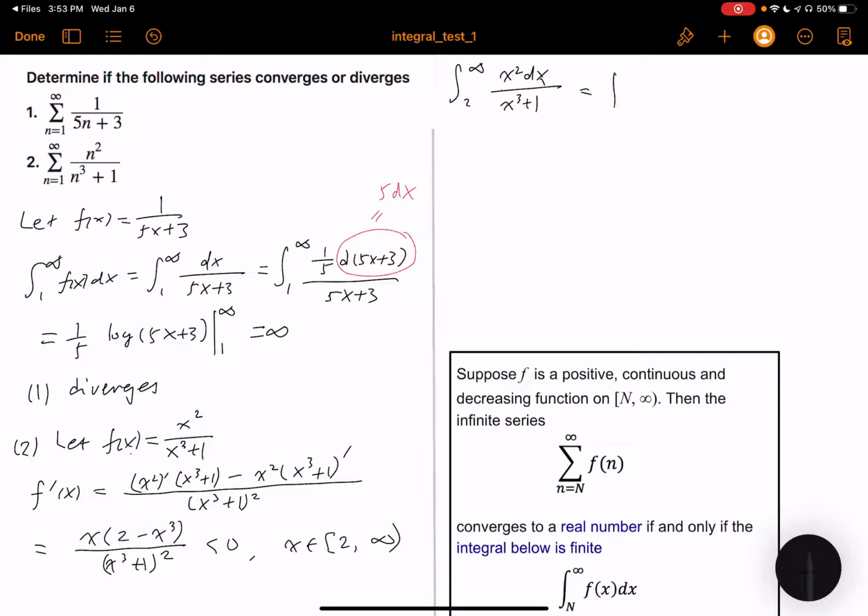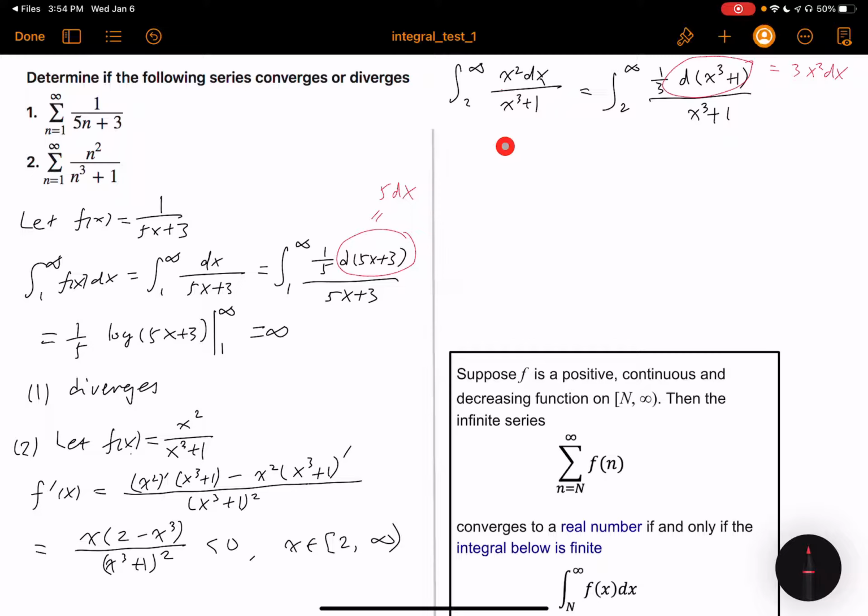So this is equal to the integral from 2 to infinity of 1 over 3 d(x cubed plus 1) divided by x cubed plus 1. This is because d(x cubed plus 1) is just 3x squared dx. So x squared dx is equal to 1 over 3 d(x cubed plus 1).